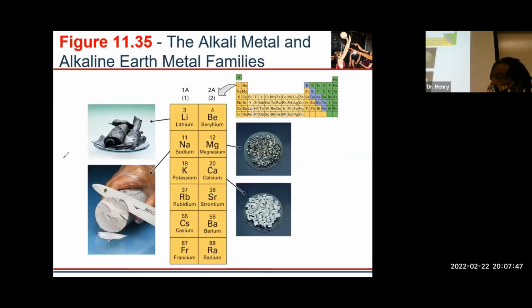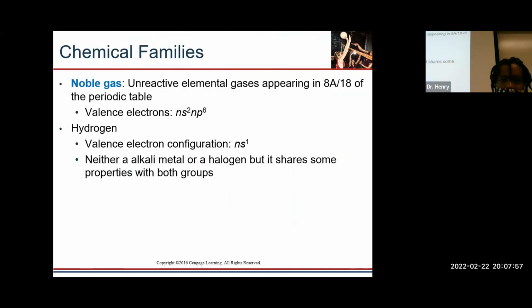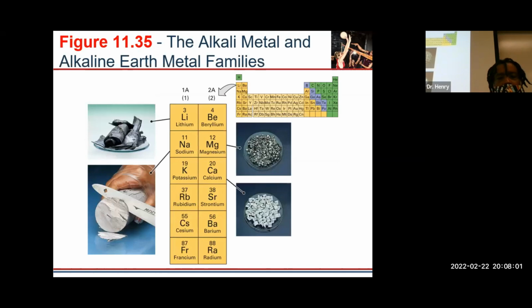This here is just showing you the different metals, the alkali metals and alkaline earth metals. These guys are more reactive than these guys. Your group 1 metals are also more malleable, more ductile. So they're going to have more metallic characteristics. So as we go from right to left, we become more metallic, which makes sense because on the right-hand side, we have the non-metals.